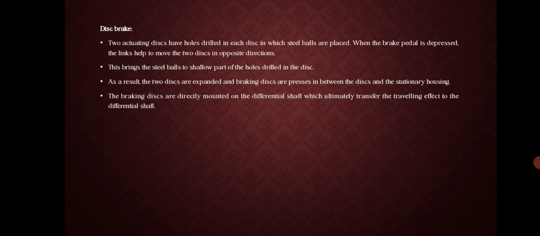Next is disc brake. Two actuating discs have holes drilled in each disc in which steel balls are placed. When the brake pedal is depressed, the link helps to move the two discs in opposite directions.